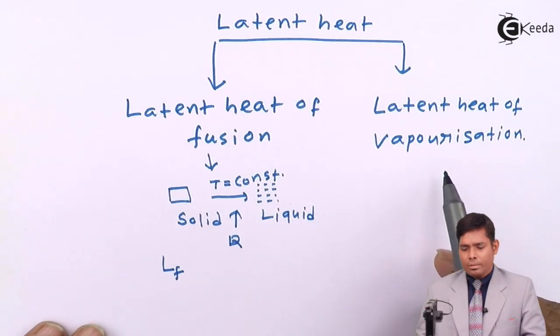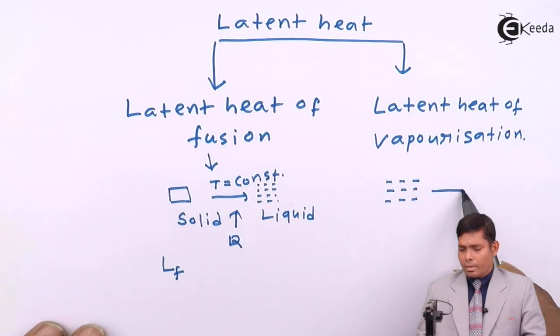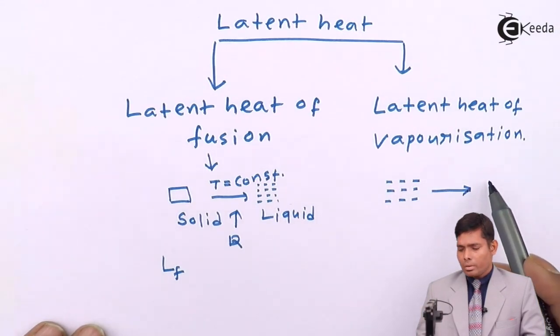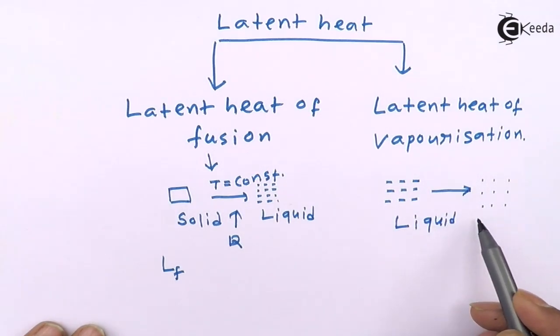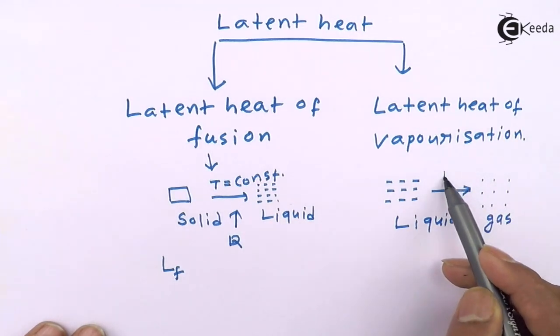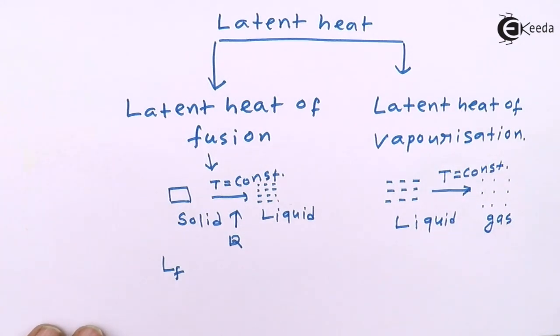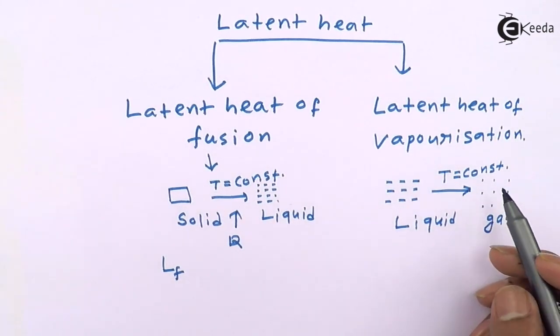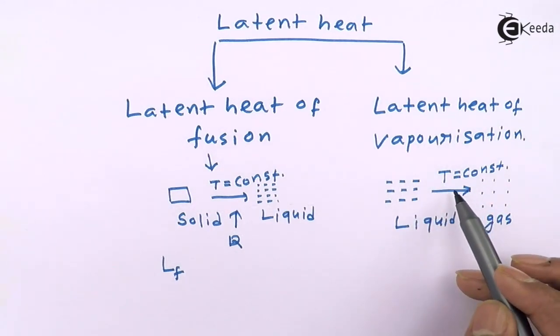Similarly, here the liquid is converted to gaseous form, and the temperature will remain constant. This temperature is called the boiling point of the liquid.